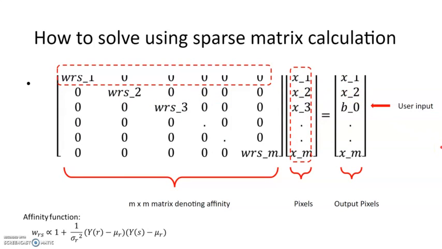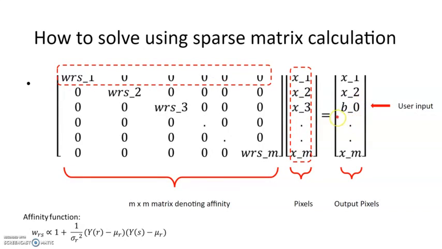So for each multiplication we will get the optimized pixel values, which will have similar colors, because the affinity function calculates the difference of intensity values of one center pixel and its surrounding pixels.